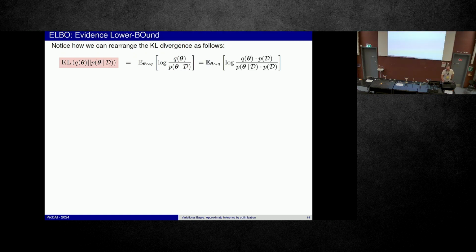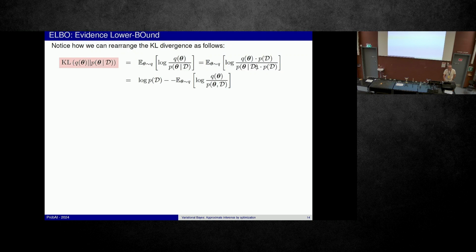So what we do is multiply by P of D, the marginal likelihood or the evidence, both in the numerator and the denominator. This is okay because it's the same probability, so we're multiplying by 1. Next, this guy here is not related to theta, so we're going to put it outside the expectation operator.